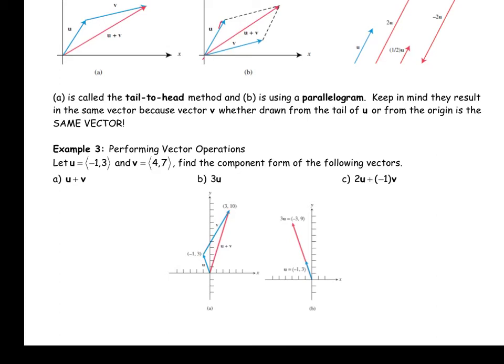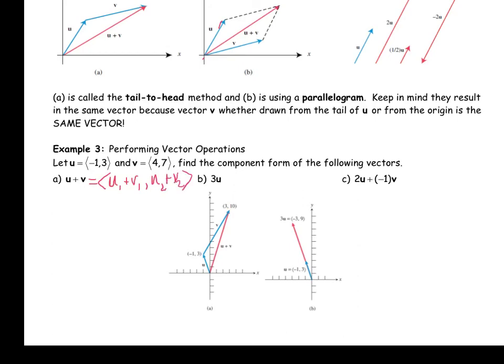So I'm going to add those two vectors together using the vector addition property. Let me write the property here so you can see it. If I'm adding those two together, it's going to be U1 plus V1, and then U2 plus V2.